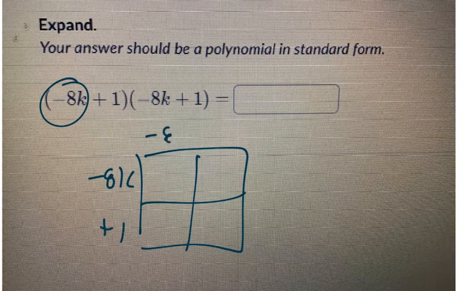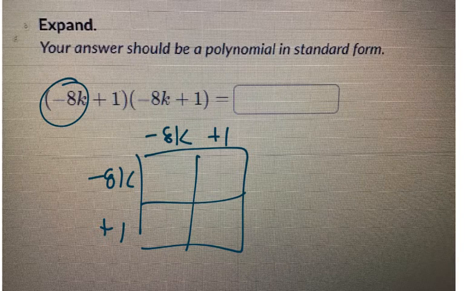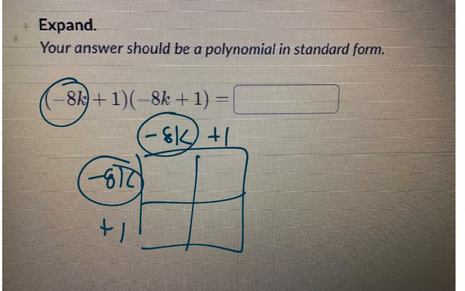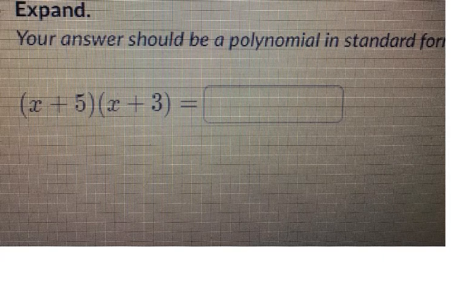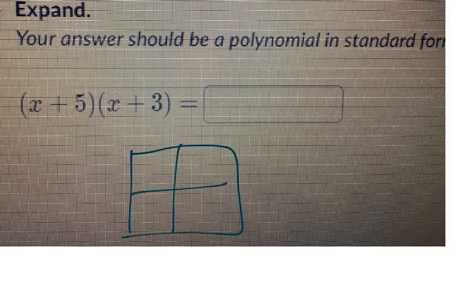But this is what I would do if I was most of you. And again, if it's okay, guys, to save a little time in this video, I'm going to skip this one because I trust you can do this one correctly. Just be careful of the negatives. That's all. All right? This one should be easy as well. If you really have to, set up the box with x plus 5, x plus 3, right?